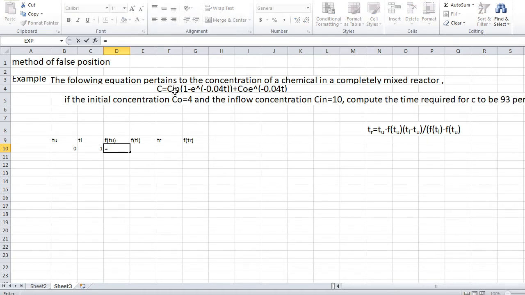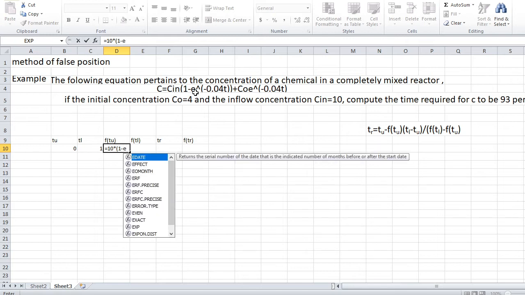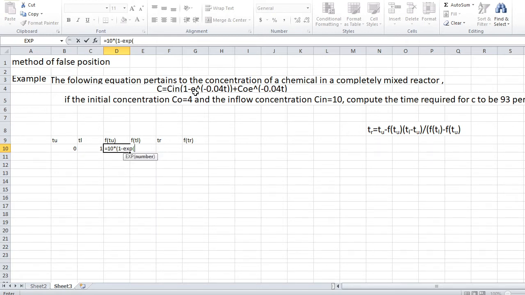Equal Cn is 10, then multiply bracket 1 minus exponential minus 0.04 multiply time t, so our initial guess is 0, then close the bracket, and one bracket for this 10 as a whole, which is multiplied with these things, then plus C naught is 4 multiply exponential minus 0.04 multiply our initial guess which is 0, and close the bracket.